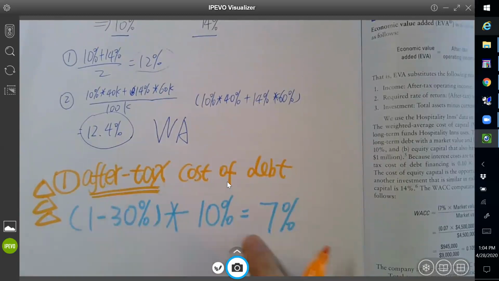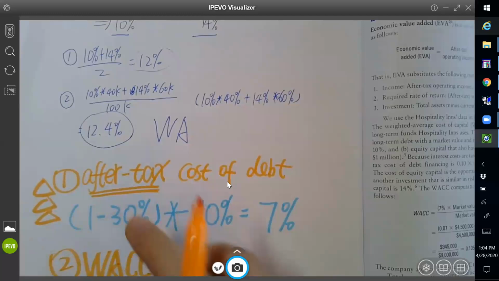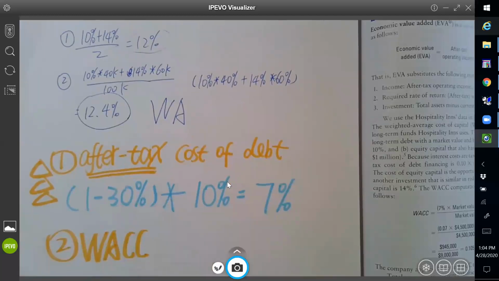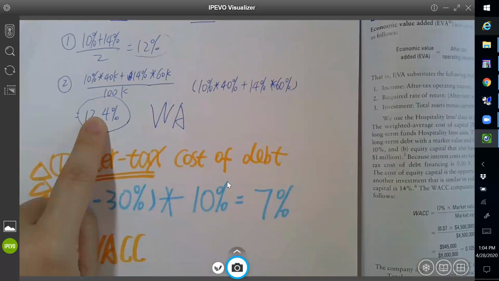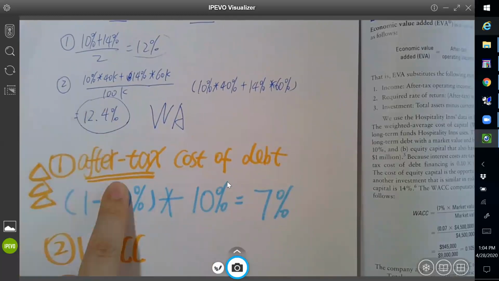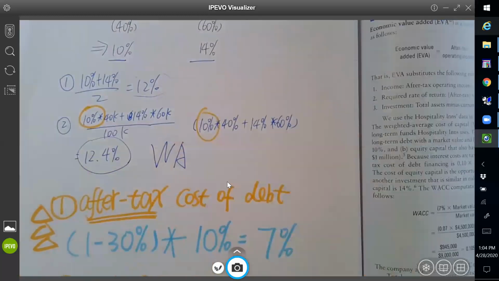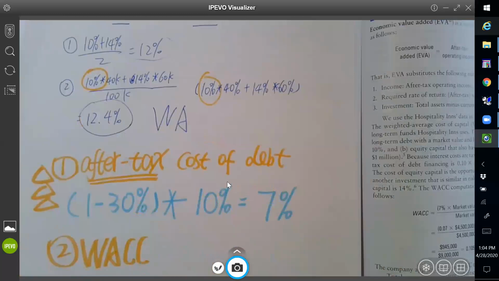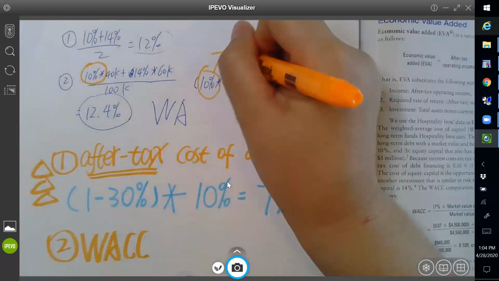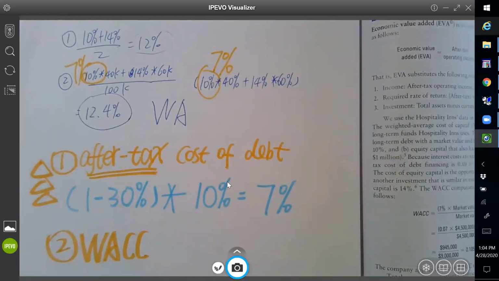Once you get this after-tax cost of debt, then you do the weighted average cost of capital using it. Instead of using the original 10%, we use the 7% to replace the original raw cost of debt.